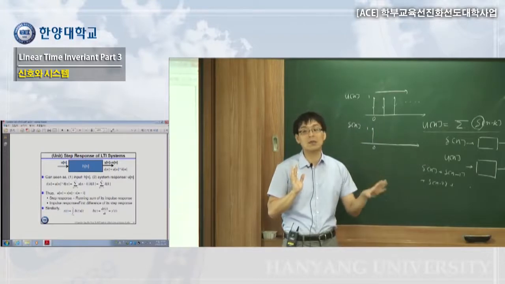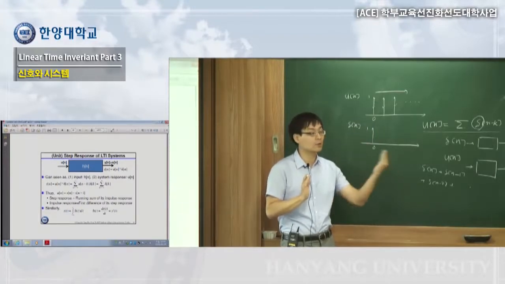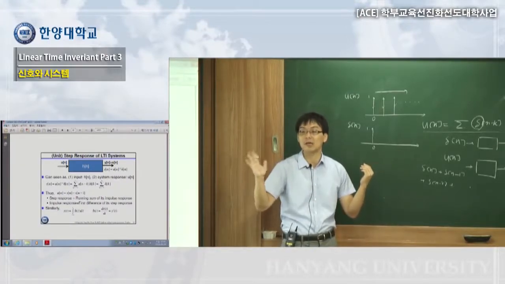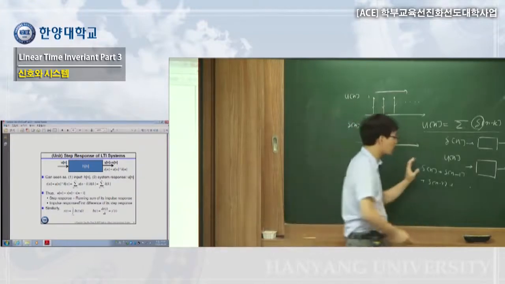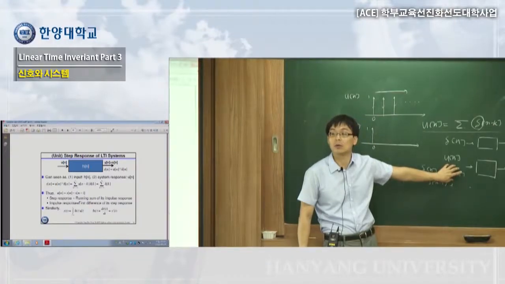So let's use the time invariant characteristic. Time invariant means that if the input shifts by time, the output also shifts by time, but does not otherwise change. So what if you apply the input delta n minus 1?